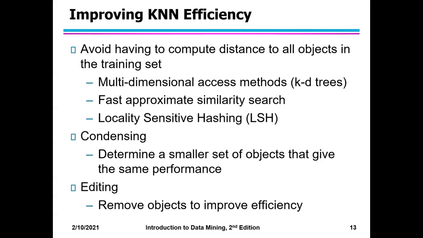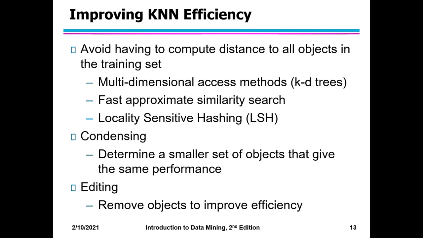The last slide talks about how we can improve KNN efficiency. We can avoid computing distance to all objects in the training set. You should not include all the objects; you should be more selective. In the case of multi-dimensional access methods, you should be selective and not use all the dimensions.